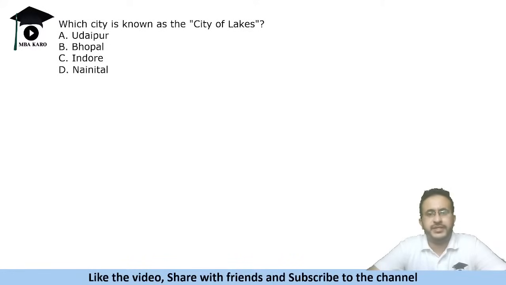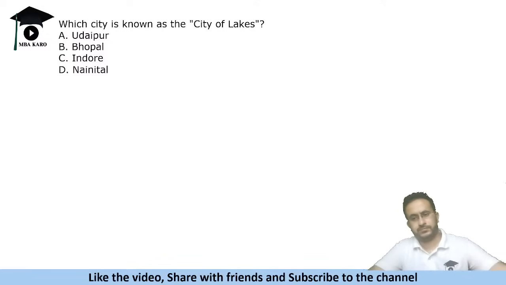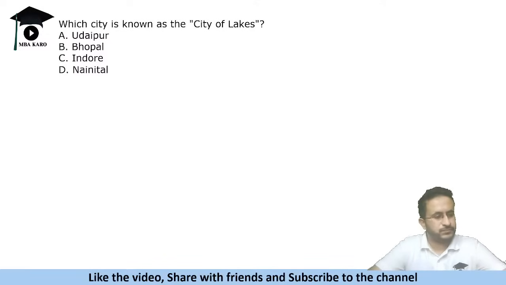Which city is known as the city of lakes? Kuttanadu is in Kerala. Yes, Udaipur is the right answer.